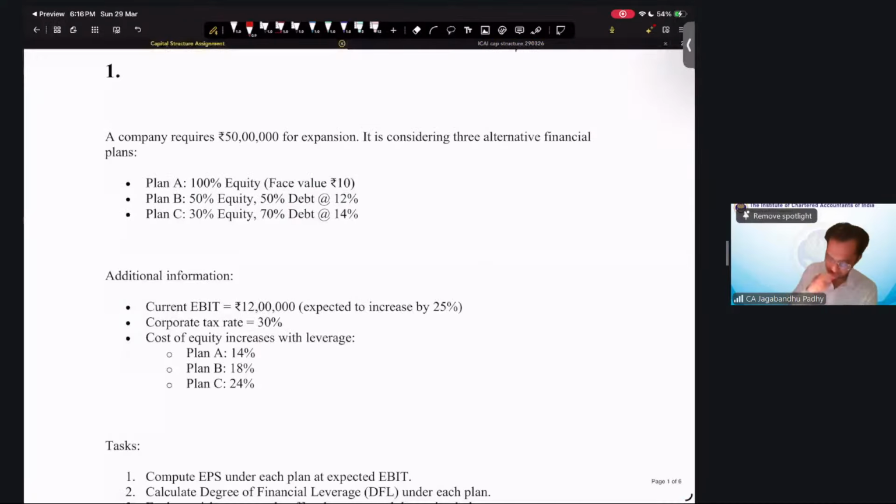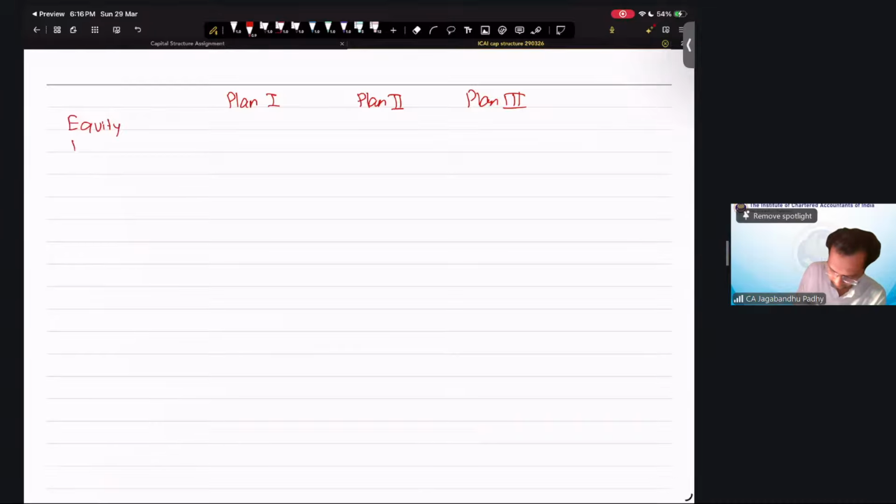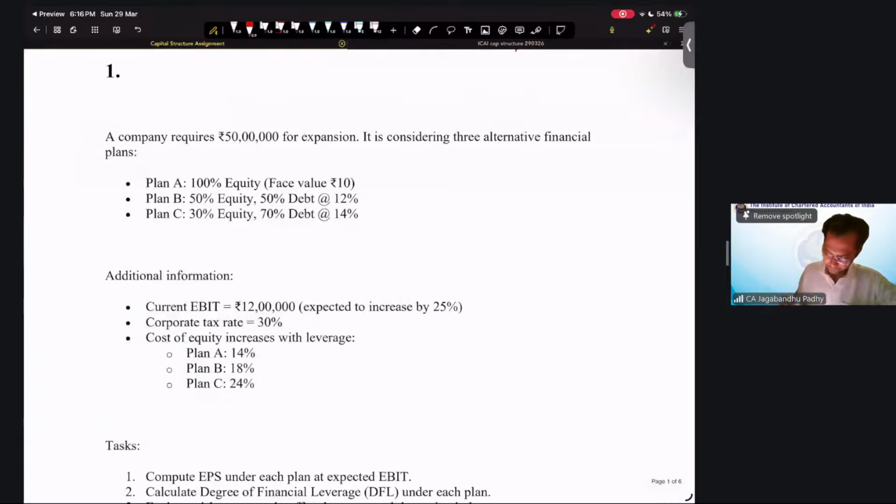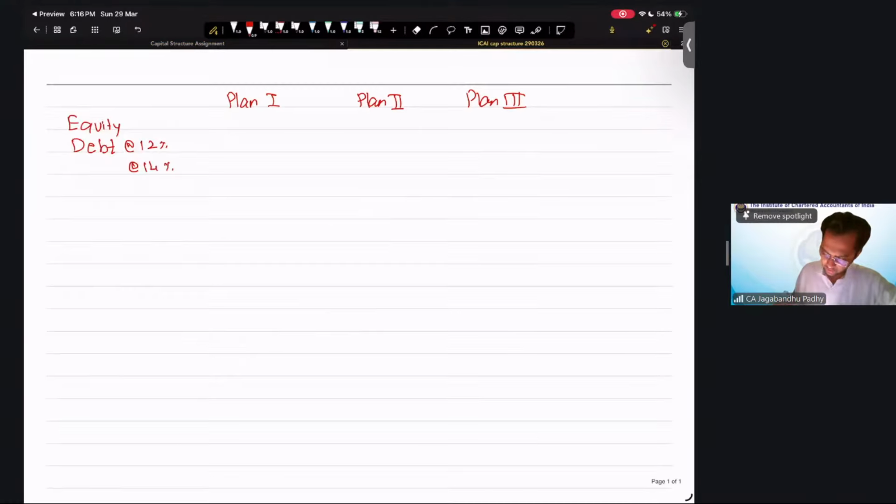This is equity and debt. Now, debt is, of course, at two different levels, 12% and also 14%. So, in plan 1, which is fully equity, 100% equity, it's 50 lakh fully.